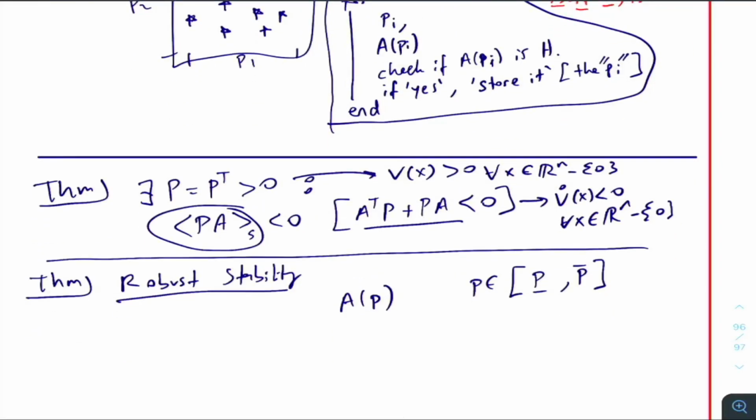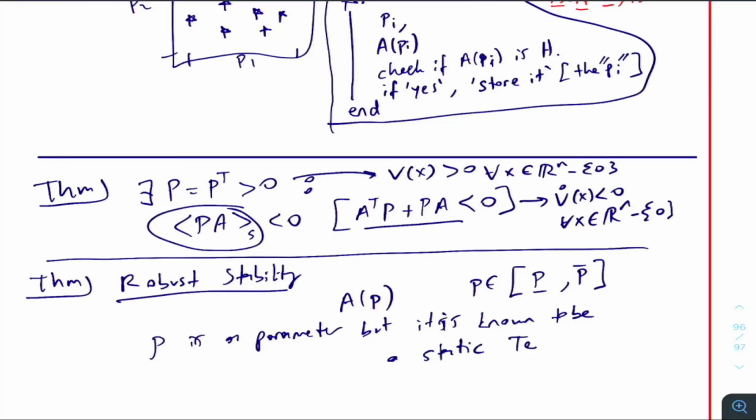But here is the catch. Here is the assumption: P is a parameter, but it is known to be a static term, meaning we don't know what P is, we only know the range, let's say between 3 and 5.